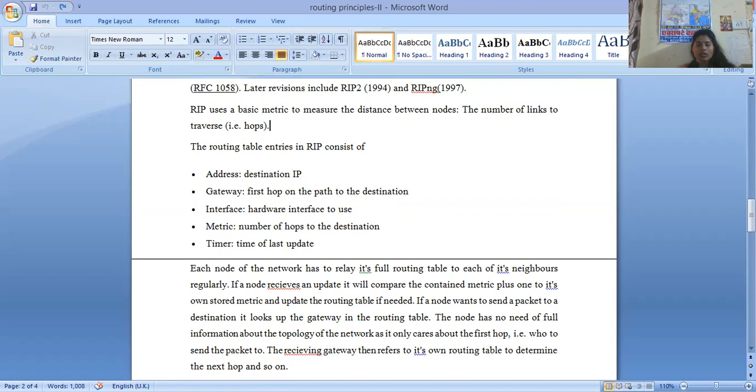So, network topology, it only cares about the first hop to send the data packets to. The receiving gateway then refers to its own routing table to determine the next hop and so on. These procedures are followed in the Routing Information Protocol.